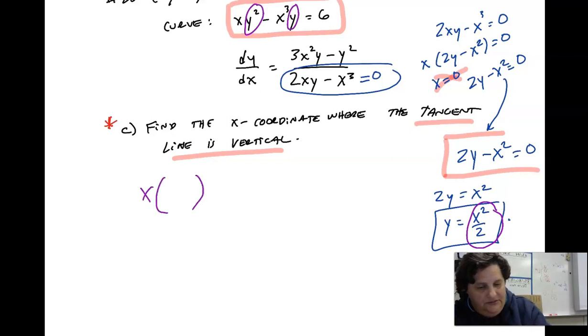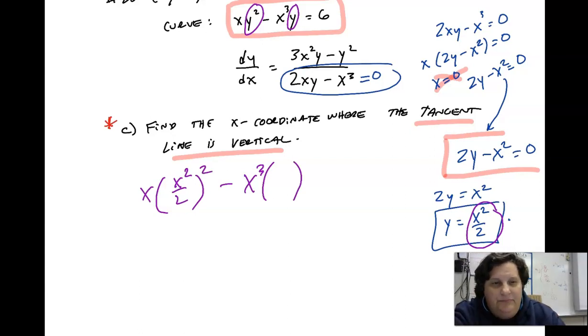X times y squared. Well, y is x squared over 2. And then x to the third. Oh, sorry, it was x times y squared, and x to the third y, right? Equals 6.